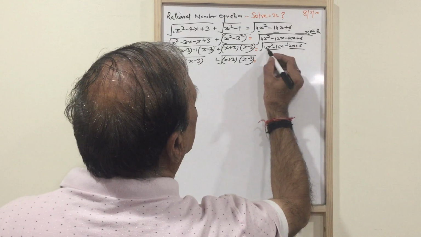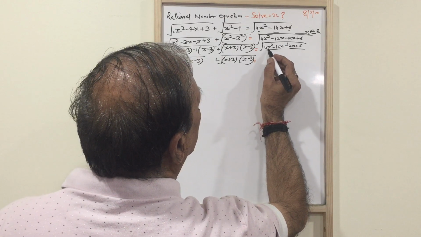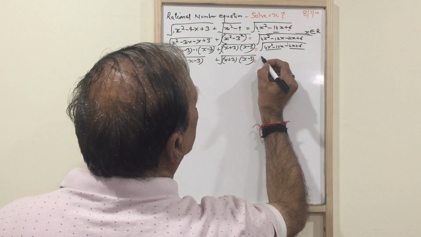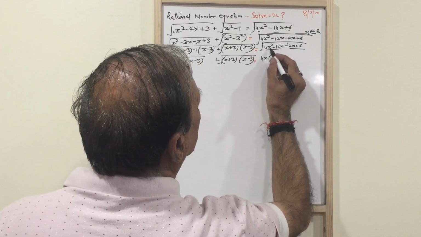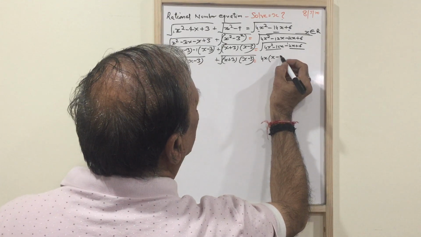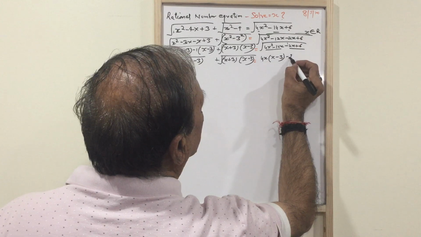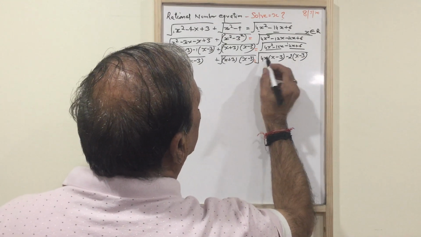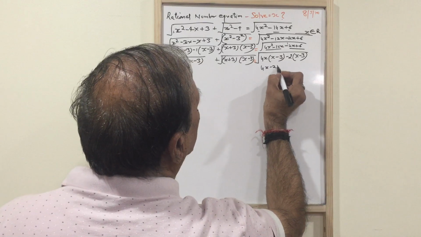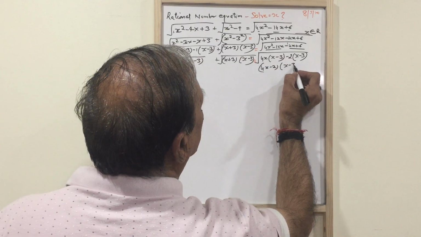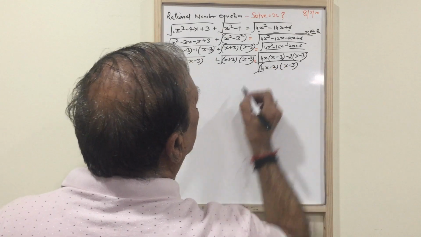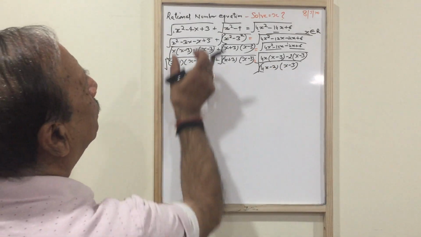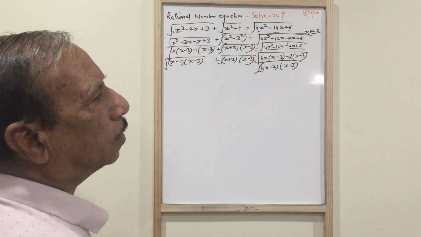From the first two I'll take 4x common, and we are left with x minus 3. From the second pair, minus 2 is common, so x minus 3. So this comes to 4x minus 2 times x minus 3. Like that we factorize all the three.